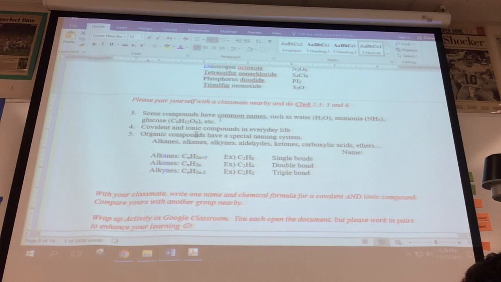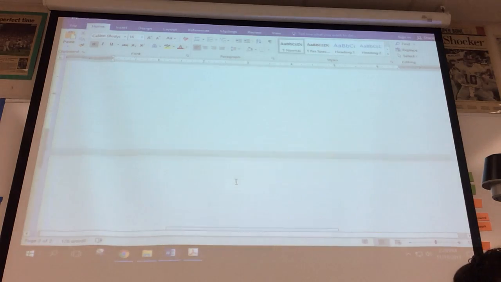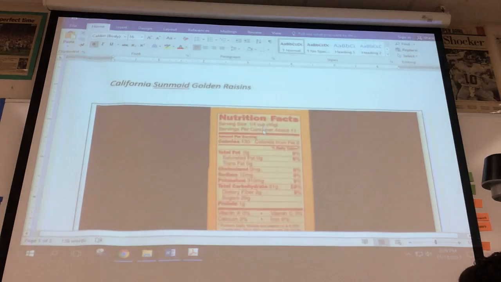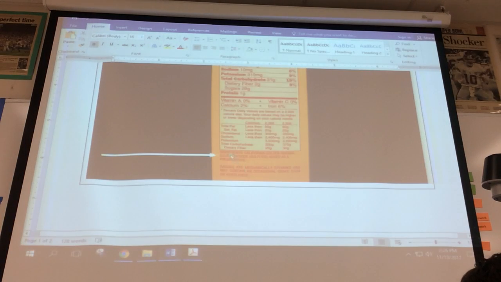However, you will see many compounds, both covalent and ionic, in everyday things: foods, medication, cleaning detergents, cleaning agents in your household, etc. For example, if you look at the nutrition label of California Sun-Made Golden Raisins, which are very yummy, right here on the ingredients, what covalent compound do you see?